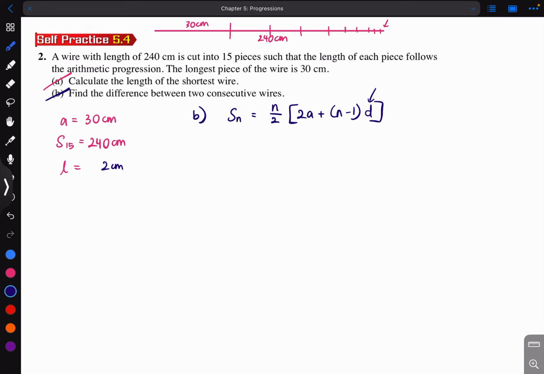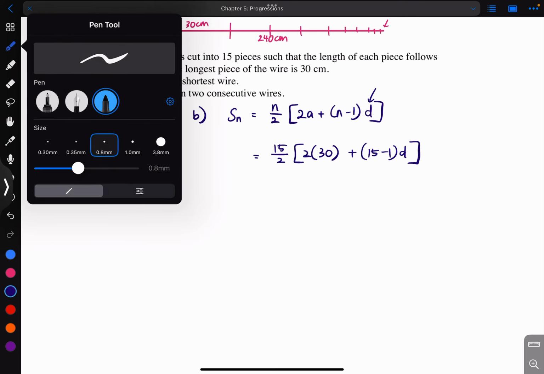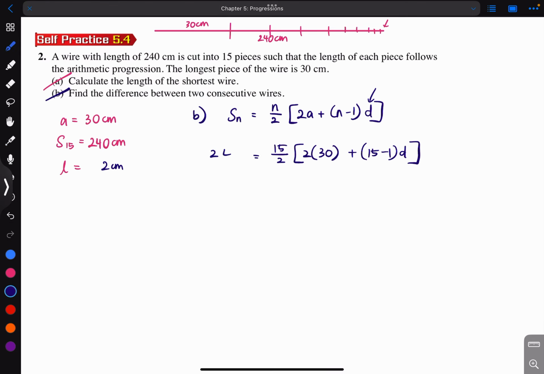So S15 will be 15 over 2 (2a plus (15 minus 1)d). And since we know what S15 is, we can put 240 here. And then we sub, and we expand and simplify.